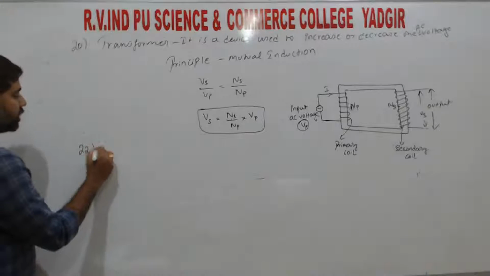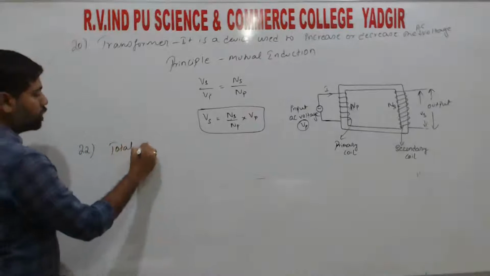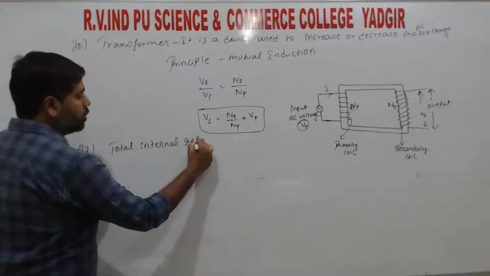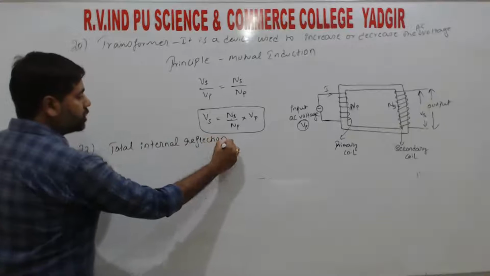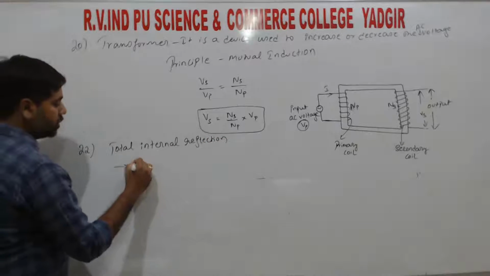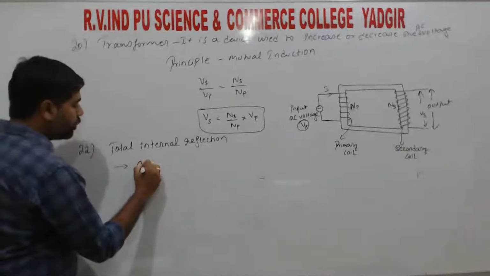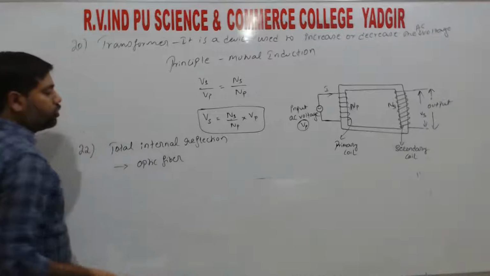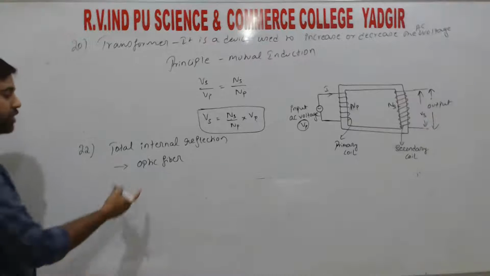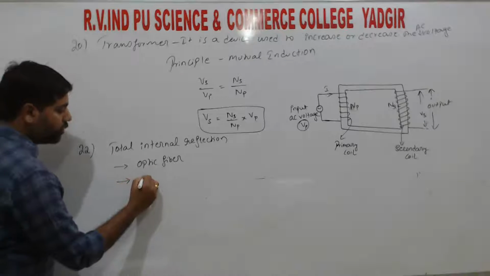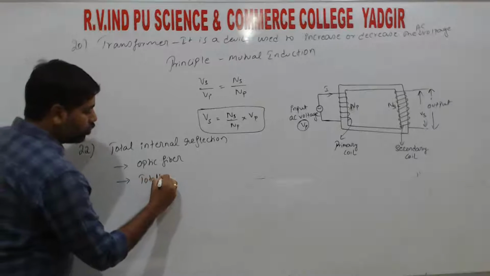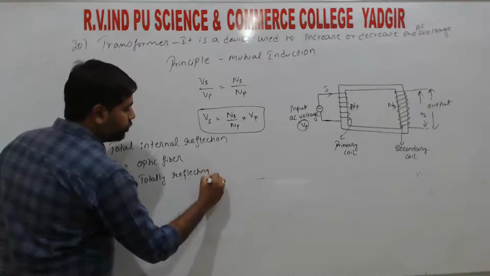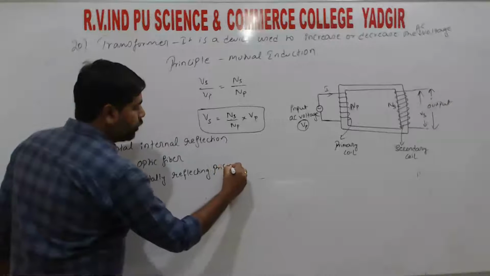22nd question, total internal reflection applications. The first one is the optic fiber. We use the phenomenon of total internal reflection in the optic fiber and in totally reflecting prisms.